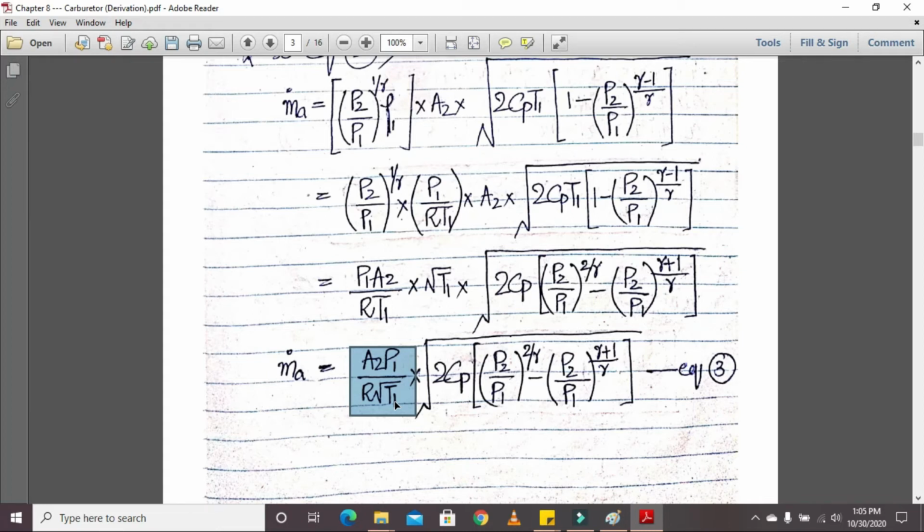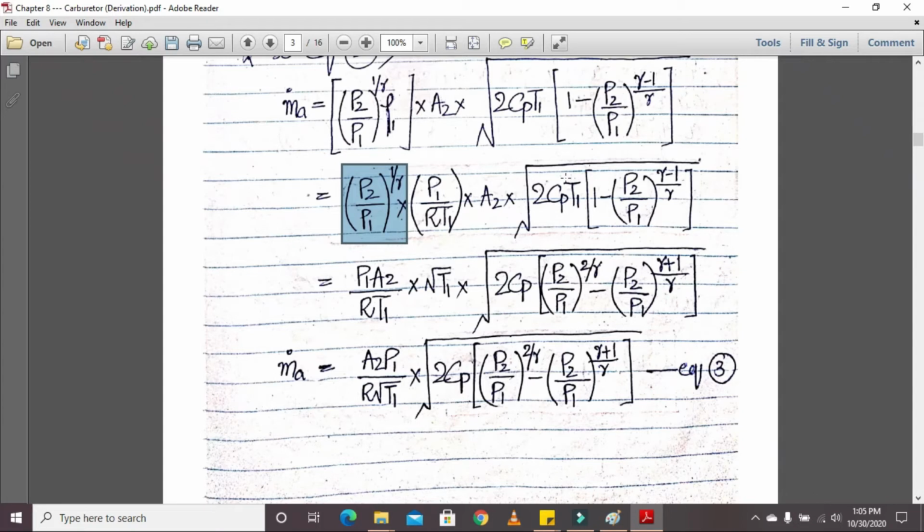I know the calculations are a bit complex, but once you practice it, you will come to know that these calculations are quite easy, and not very difficult. There are only 1-2 things which need to be understood here. One is that we are taking this p2 upon p1 to the power 1 upon gamma inside the square root.